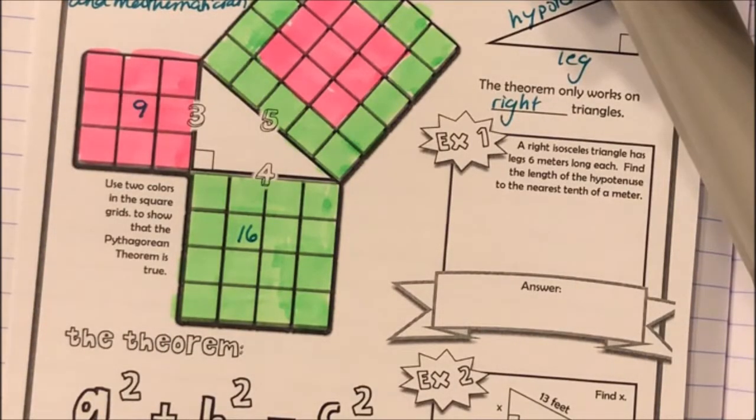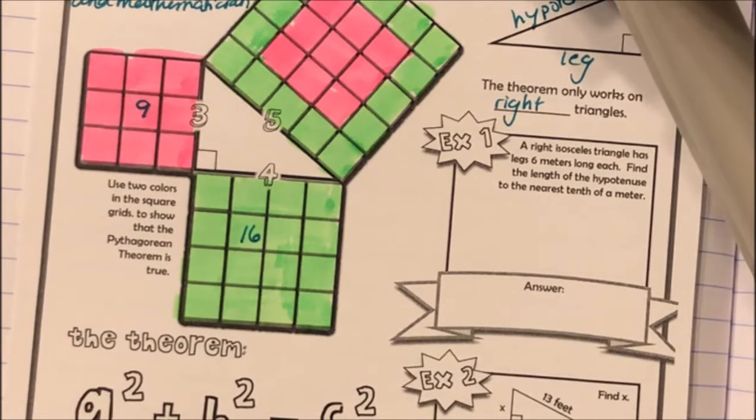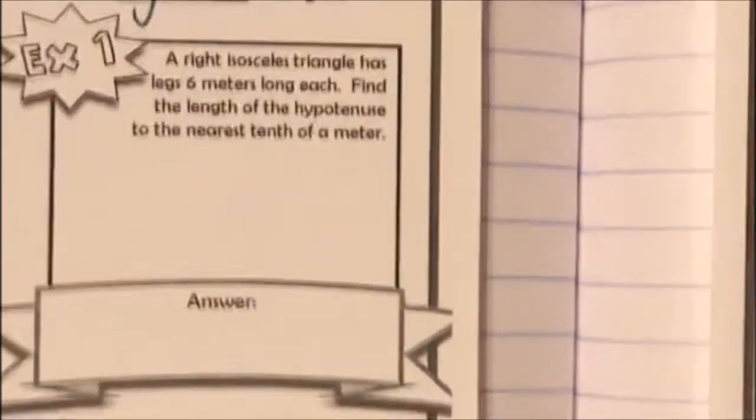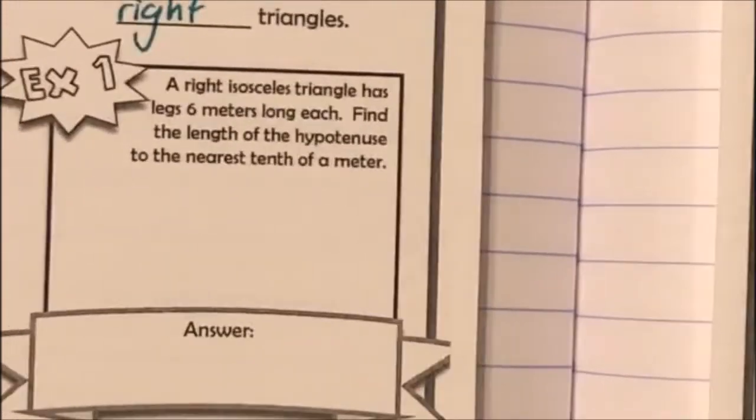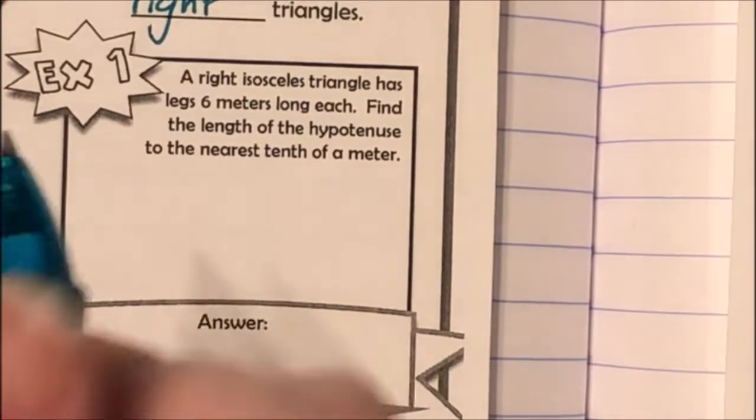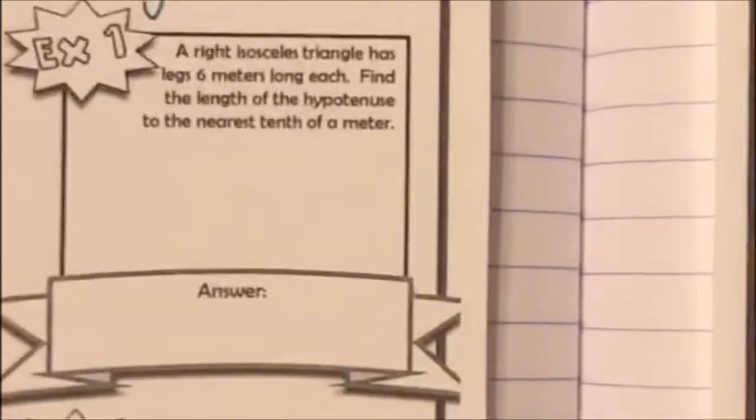Okay, let's take a look at some examples. So, example 1 says a right isosceles triangle has legs 6 meters long each. Find the length of the hypotenuse to the nearest tenth of a meter. Okay, so I'm actually going to draw this triangle.